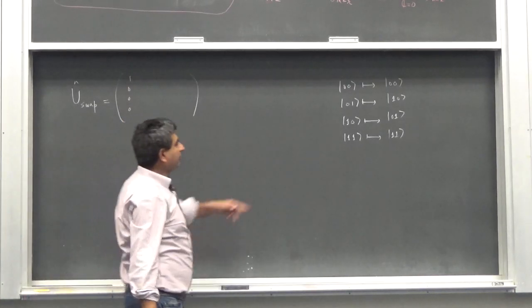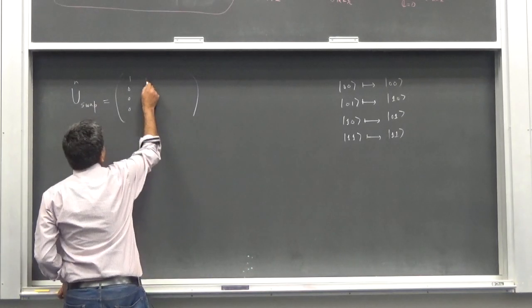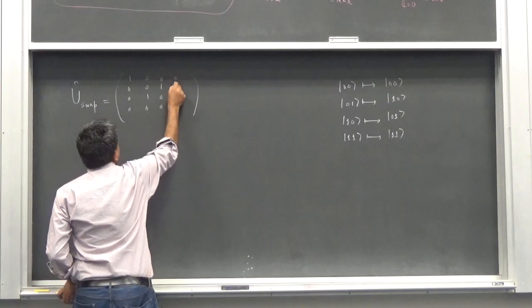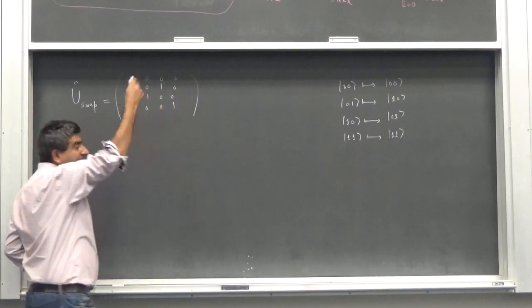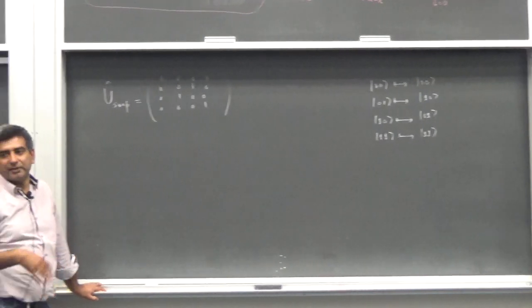You take the output from the second kind of input and write its vector form, and so on. This is a unitary gate. You take the transpose of this; it's already real. You take the transpose of this, apply it again, you get back to this. So this is a unitary gate.